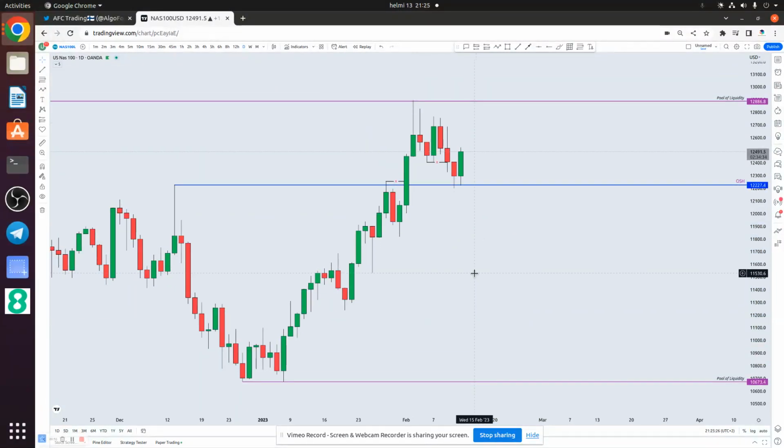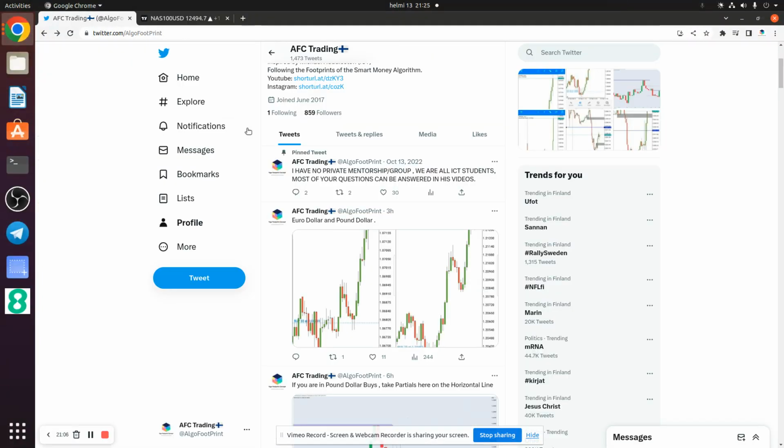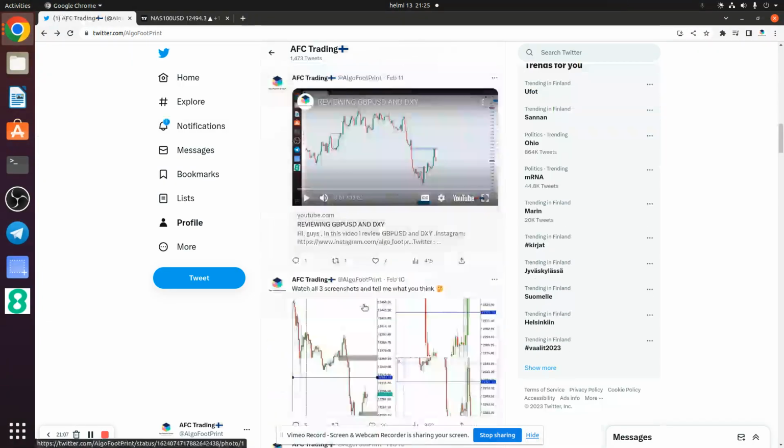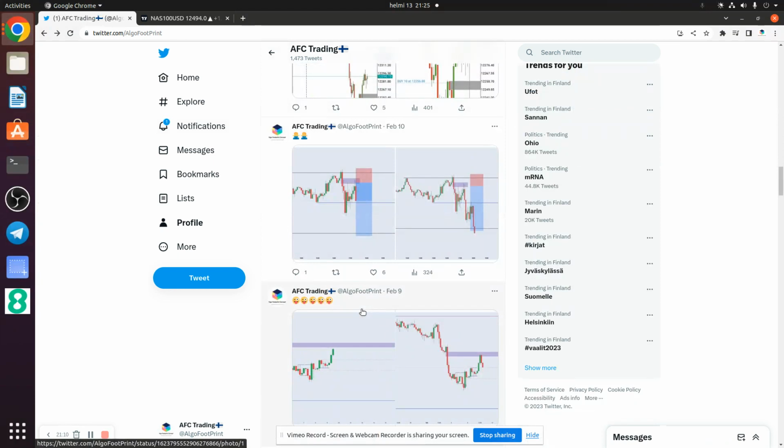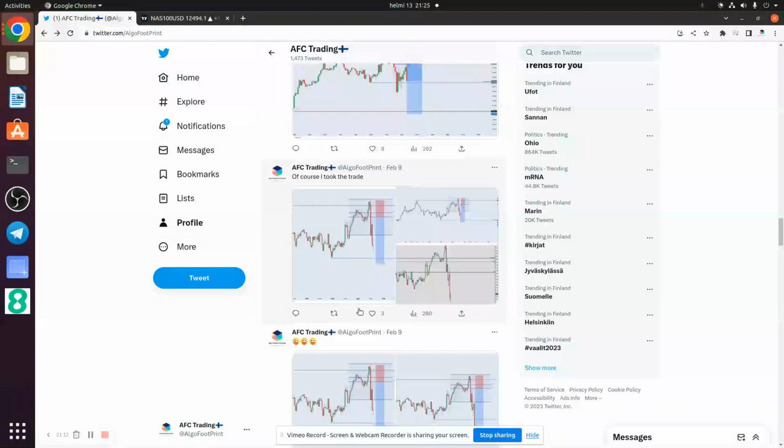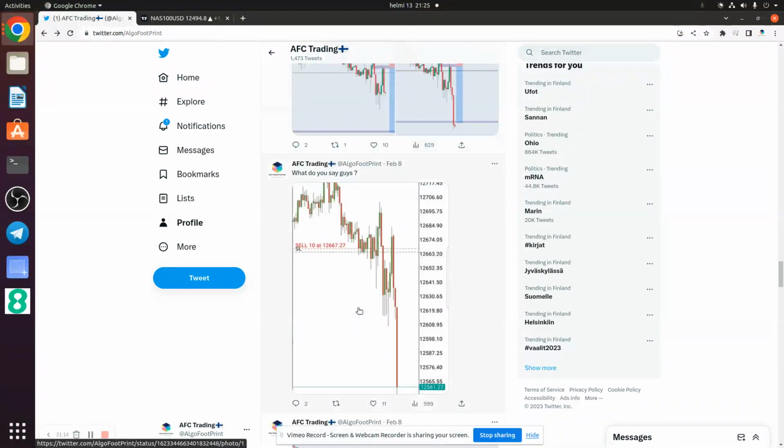But then you've seen several times when price goes above previous day's high and doesn't retrace back to give you an entry, it continues to rally all the way up, like what happened a few days back. If I can find that, I don't know if I would find it quickly.